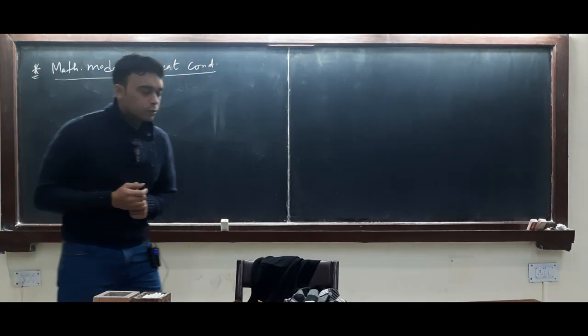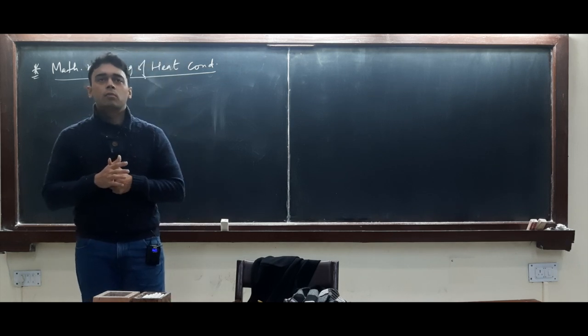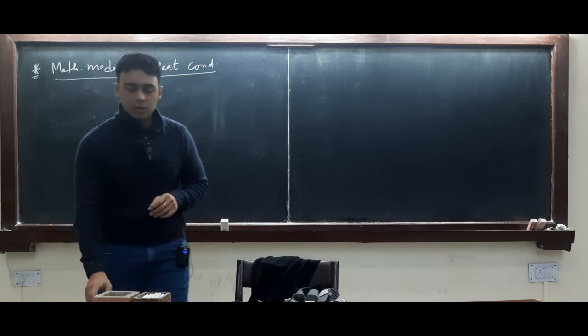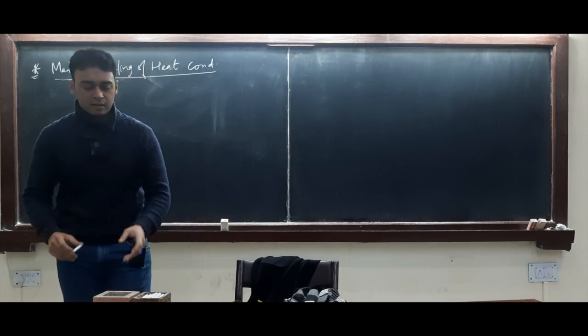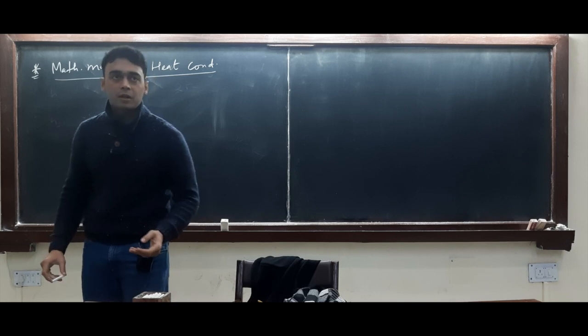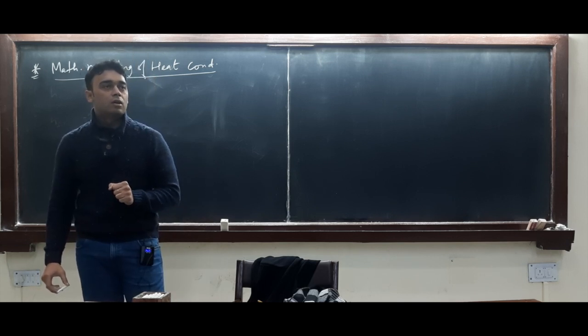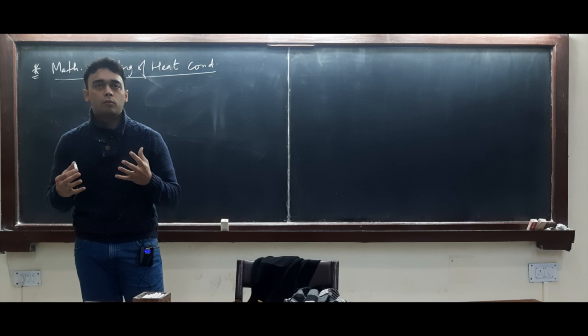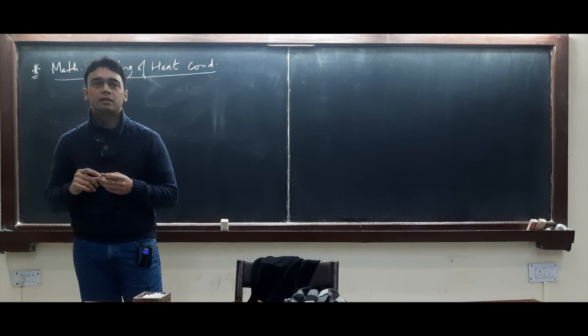So what comes to your mind when someone says mathematical modeling? You must have heard of it before. Let's say I want to design a coffee mug. What would you want to keep in mind while designing?